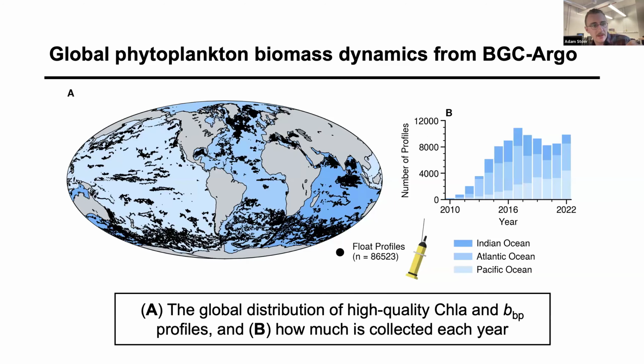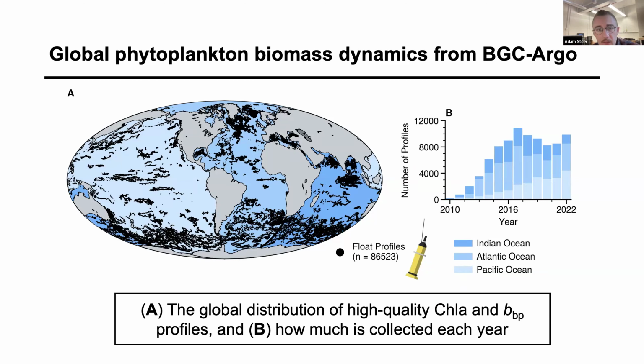What you see in that map, we have high quality chlorophyll A and backscattering profiles following a very similar quality control to what BGC Argo already implements for chlorophyll A and the algorithm suggested by Giorgio D'Almo and colleagues. And so we have global scale measurements of phytoplankton throughout the euphotic zone that we can use to better understand phytoplankton dynamics in the ocean.